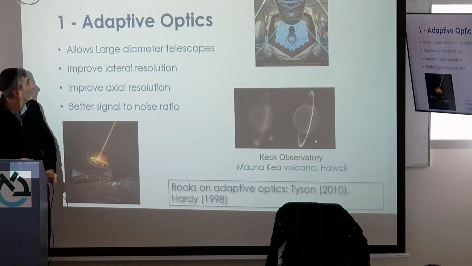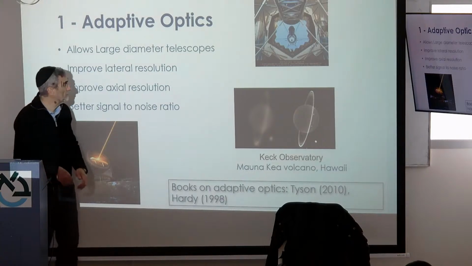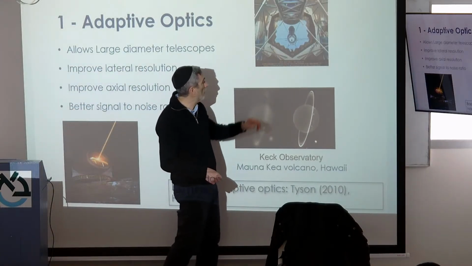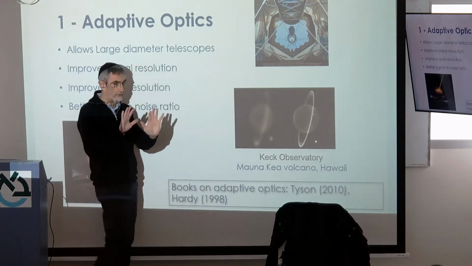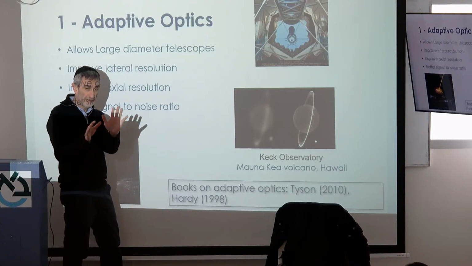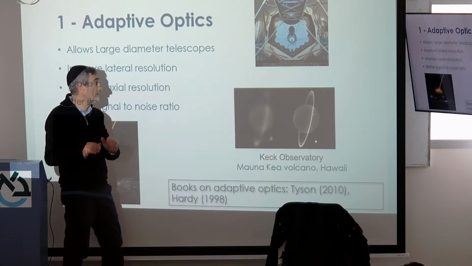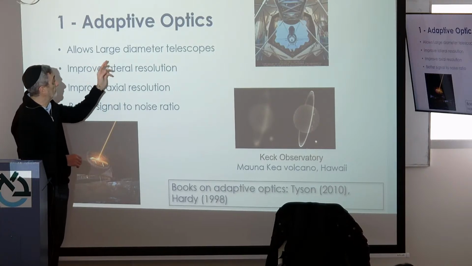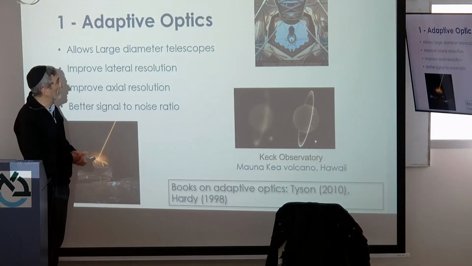So that's the principle. Typically, what is used in telescopes is this type of mirror, made of several mirrors that can move, whose orientation can be changed. First, it allows very, very large diameter telescopes.